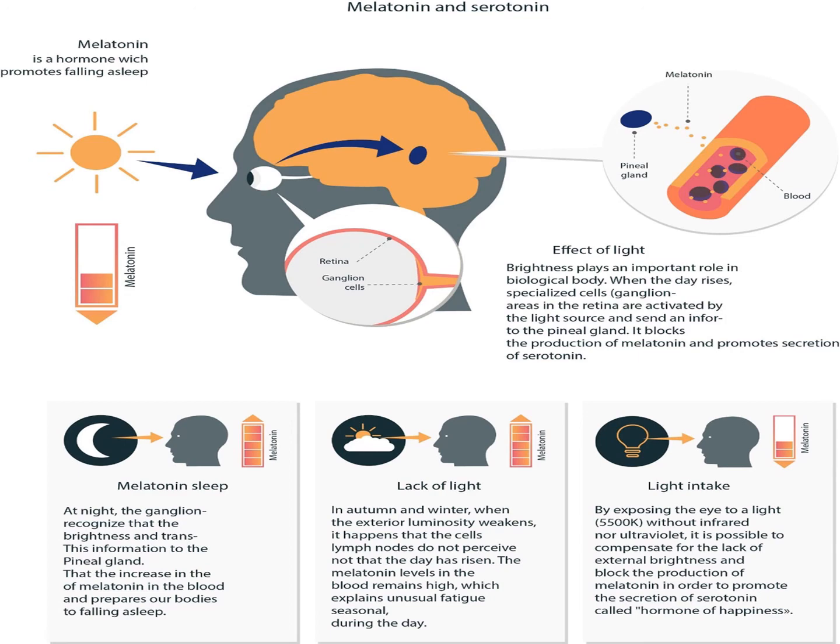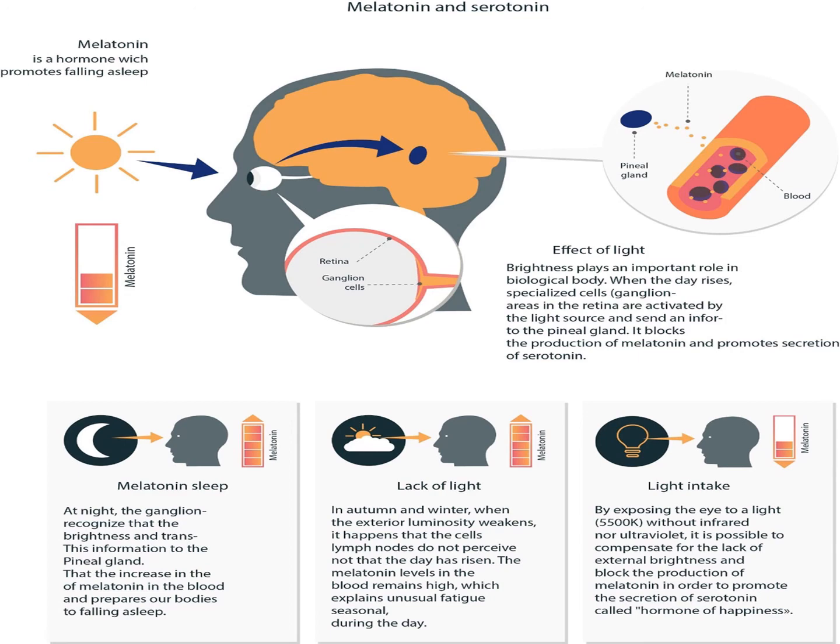Now, let us discuss how various conditions of light regulate the increase and decrease of the level of melatonin, which is responsible for the sleep-wake cycle. As we know, melatonin is a hormone which promotes falling asleep. The effect of light or brightness plays an important role in the biological body.